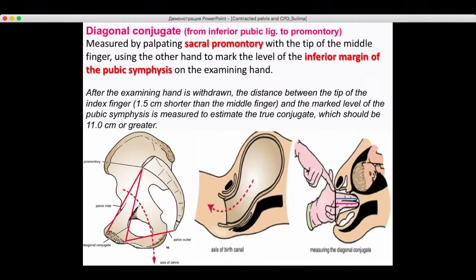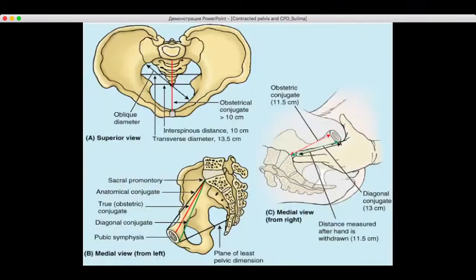After the examining hand is withdrawn, the distance between the tip of the finger and the marked level of the pubic symphysis is measured to estimate the true conjugate, which should normally be 11 centimeters or greater.